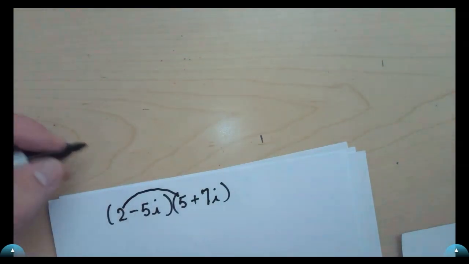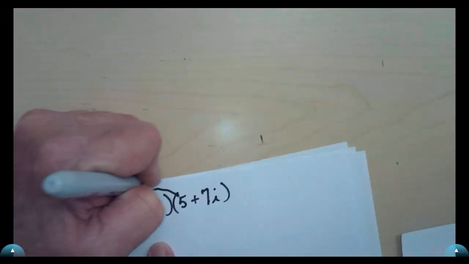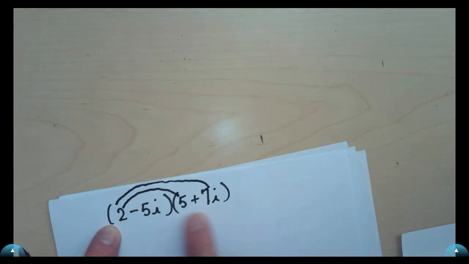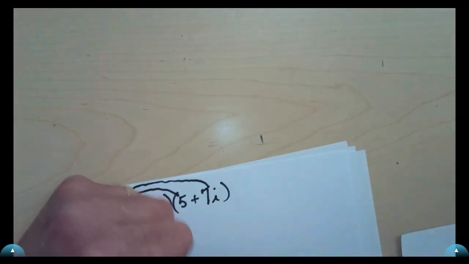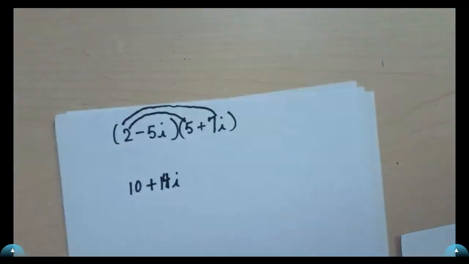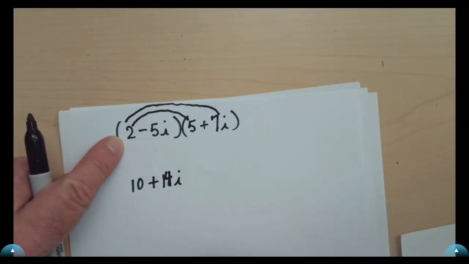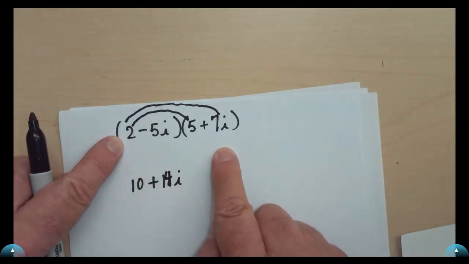Then 2 times 7i. 2 times 7 is 14, so that's positive 14i. Everybody good there? Sorry, that's 14.